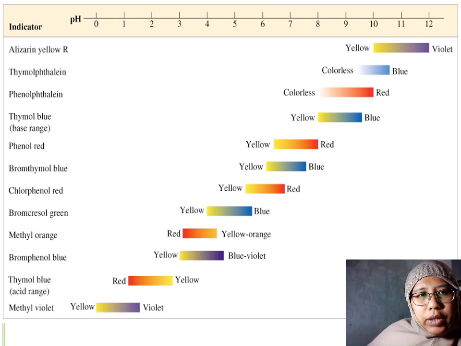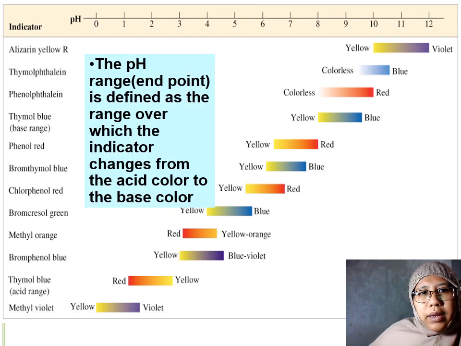So they are alizarin yellow or thymolphthalein, phenolphthalein, thymol blue, phenol red, bromothymol blue, chlorophenol red, bromocresol green, methyl orange, bromophenol blue, thymol blue, and methyl violet. All of these can be used according to the pH range, the endpoint where the indicator will change color from acid to base.